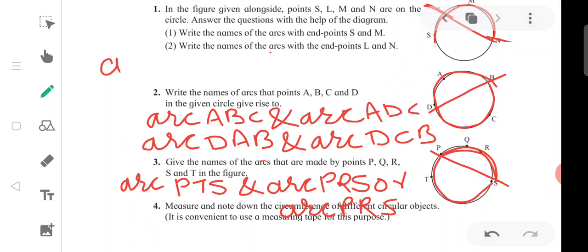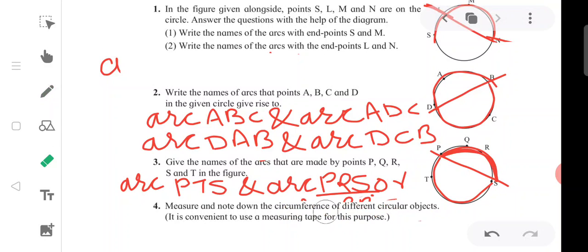Here in this arc there are 4 letters, but we take only 3 letters. So first I take 3 points PQS and then PRS. So in this way you have to write the remaining names of the arcs.